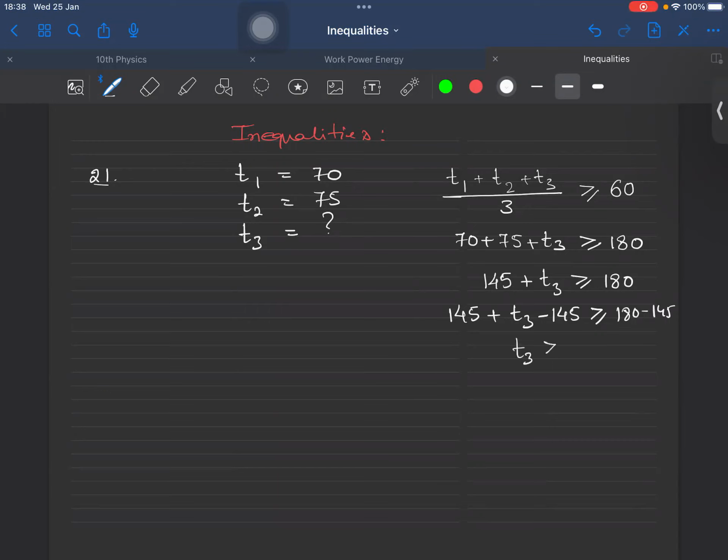T3 should be greater than or equal to 35, right? So in the third unit test, he should get greater than or equal to 35 marks, so that he can have an average of 60 marks. That means if he gets 35 in the third test, the average will be 60.